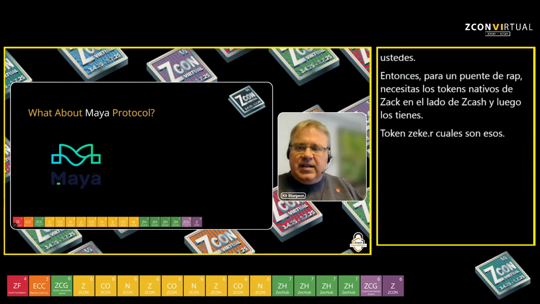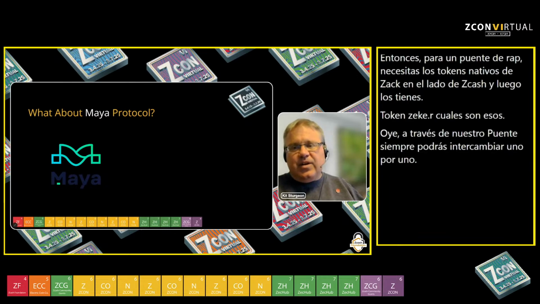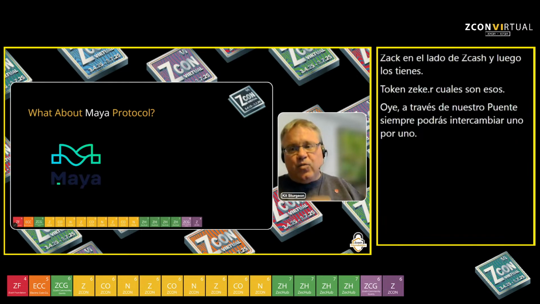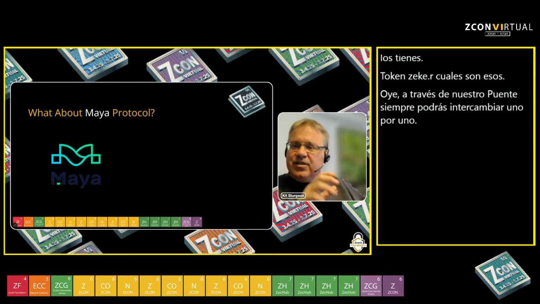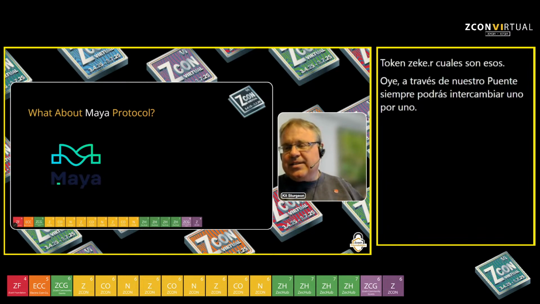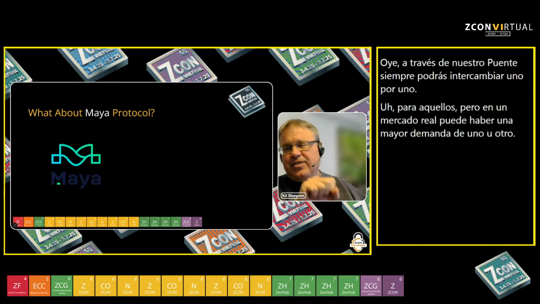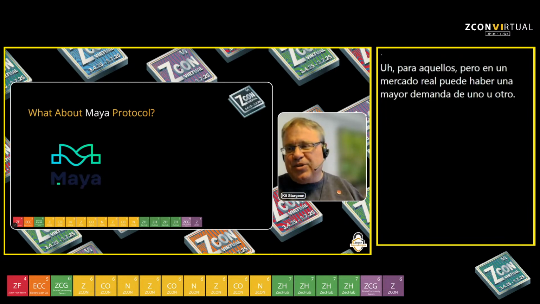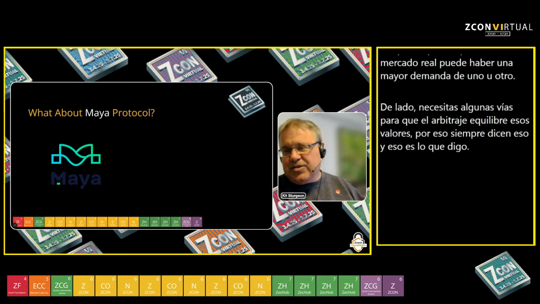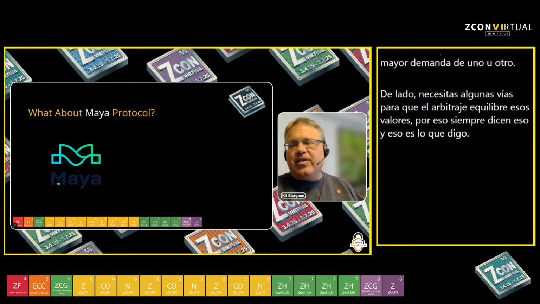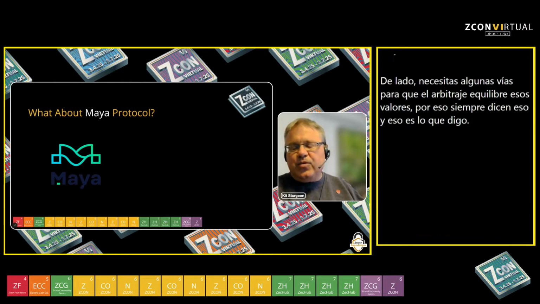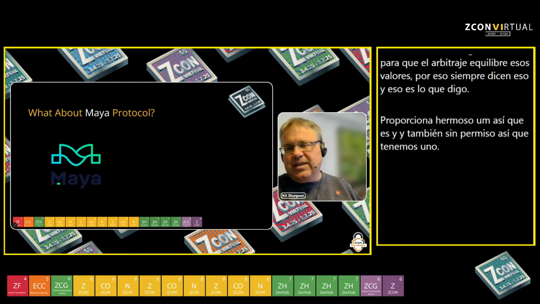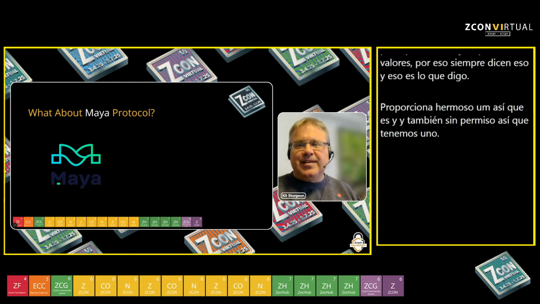But in a real marketplace, there can be a higher demand for one or the other on either side, and you need some pathways for arbitrage to even out those values so that they always stay pegged. And that's what Maya provides beautifully, and also permissionlessly. So we have a pathway for arbitrage traders to help keep the bridge functional.